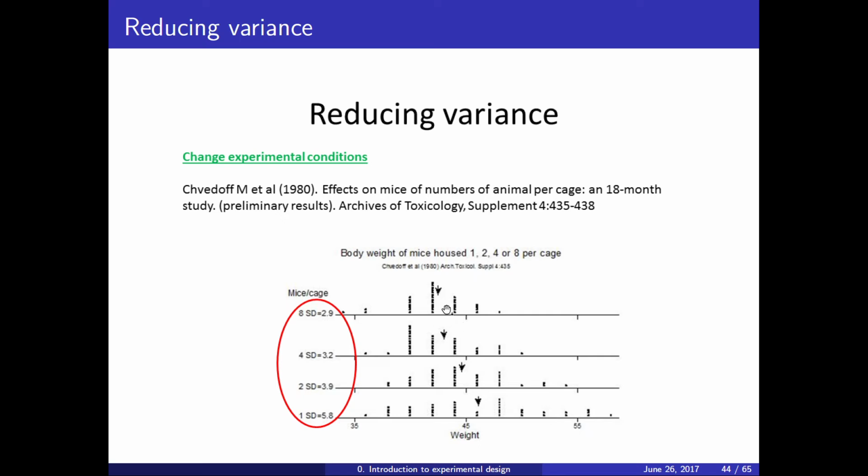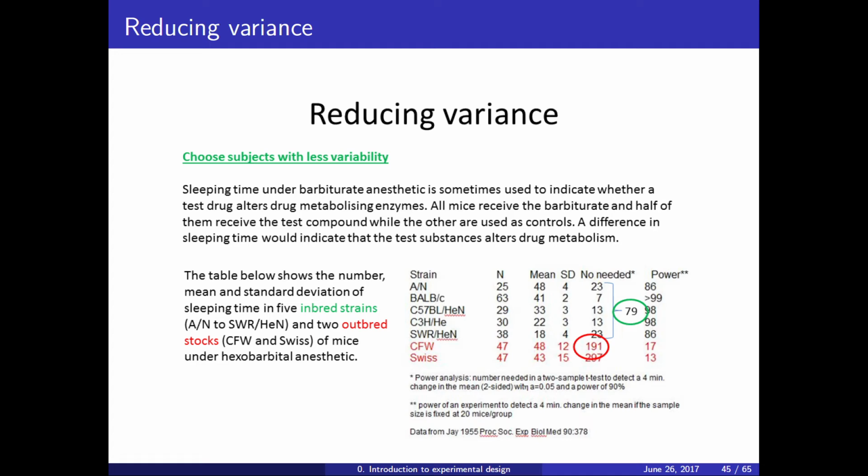You may not think of these things before doing your experiment, but this is just to highlight that there could be experimental conditions. This was the housing, but it can be whatever else that is affecting the variability and the mean of your observations. Here is another interesting idea.